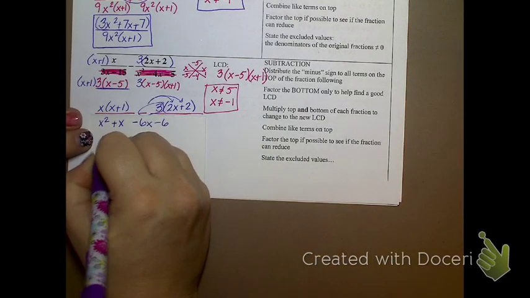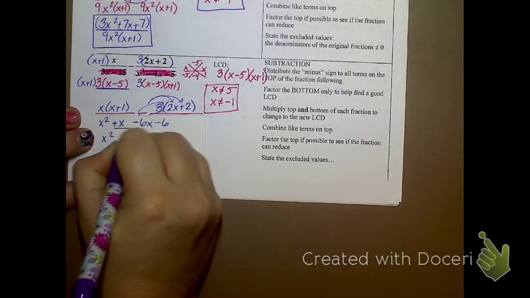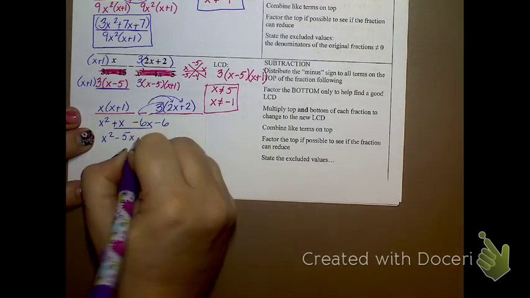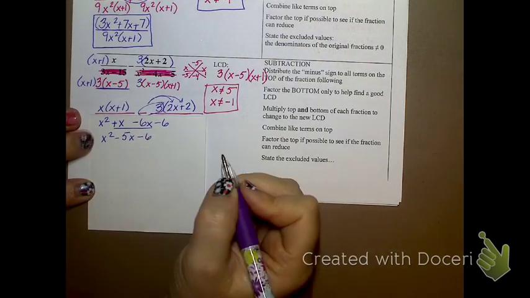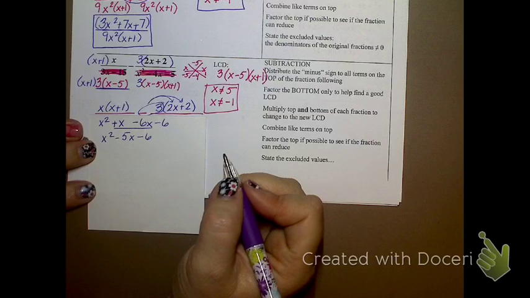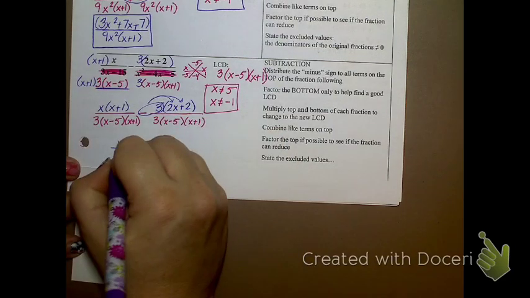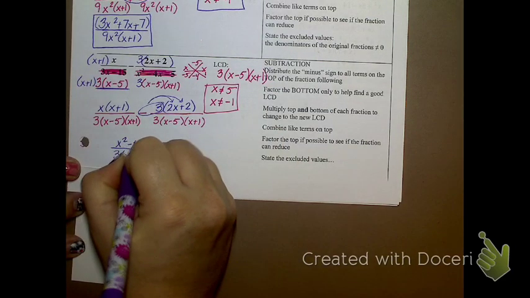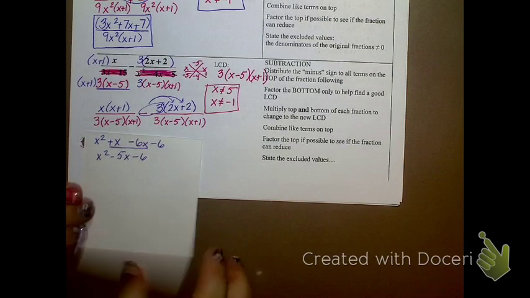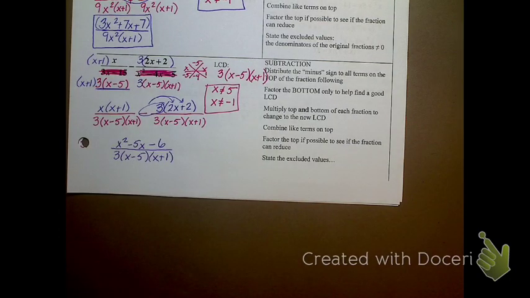So let's combine our like terms. X squared minus 5x minus 6? Yeah? So I have x squared minus 5x minus 6. Now I have officially combined both numerators. I've combined any like terms that I have.